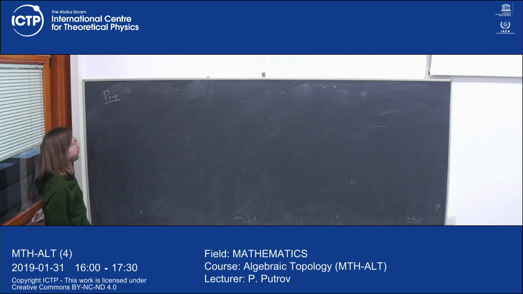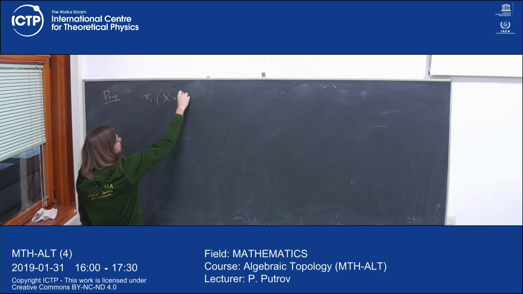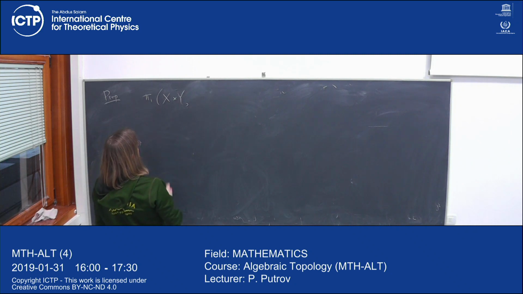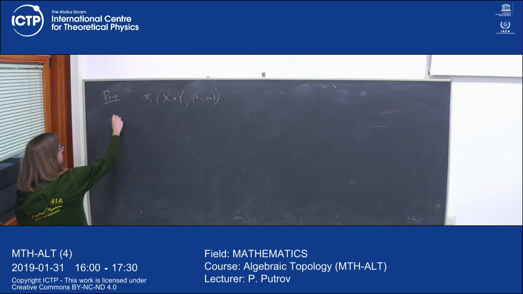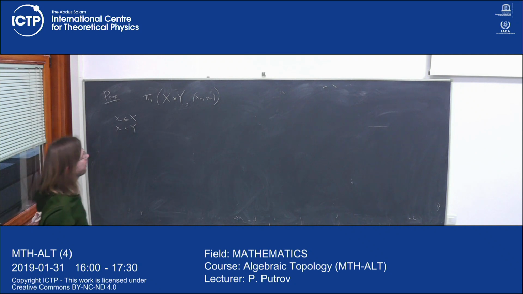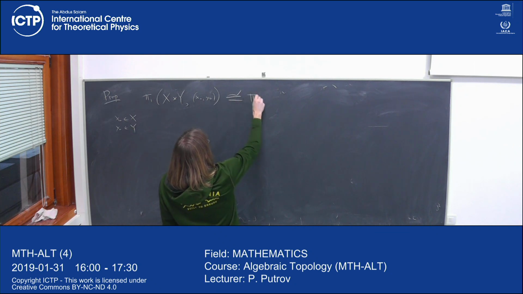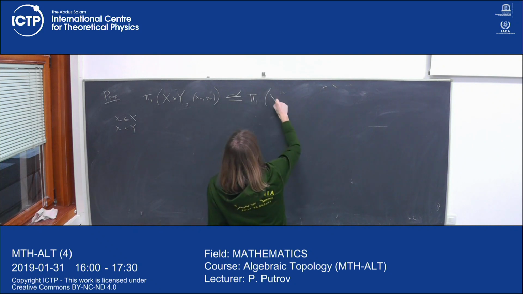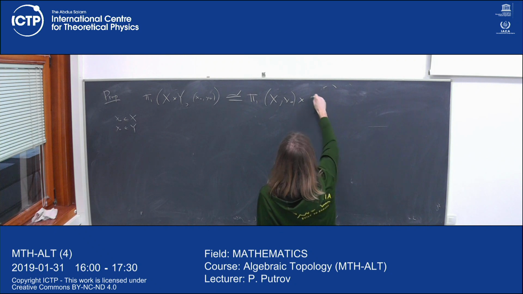So we want to show the following proposition, that pi1 of X direct product with Y, where X and Y are topological spaces, considered with base point the pair (x0, y0), is isomorphic to pi1 of X, x0 times pi1 of Y, y0.